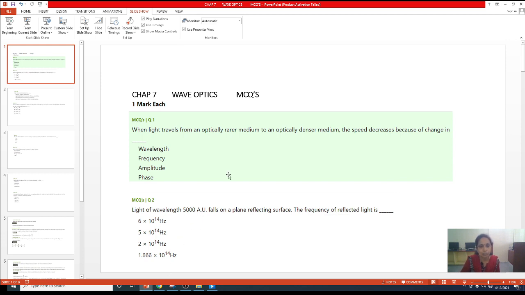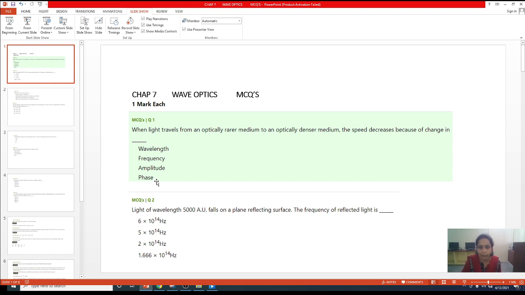Therefore, let us solve the MCQs on chapter wave optics. First one: when light travels from an optically rarer medium to an optically denser medium, the speed decreases because of change in, first option is wavelength, frequency, amplitude, and fourth one is phase.